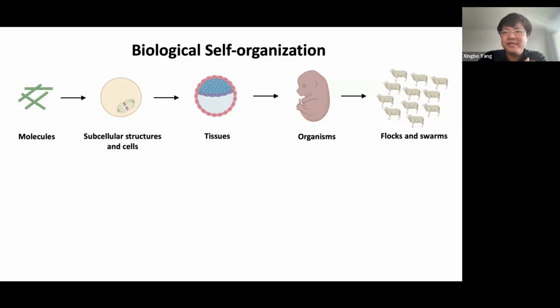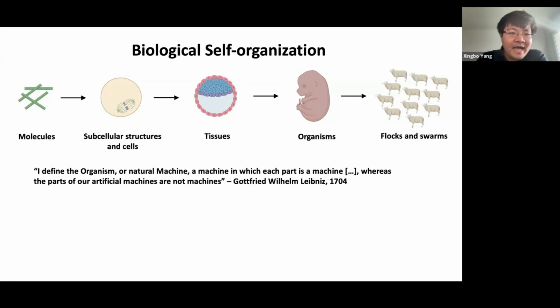So this kind of self-organization spans across very wide length scales. And I like to quote a famous mathematician, Leibniz, who said something more than 300 years ago: I define the organism or natural machine as a machine in which each part is a machine, whereas the parts of our artificial machines are not machines.